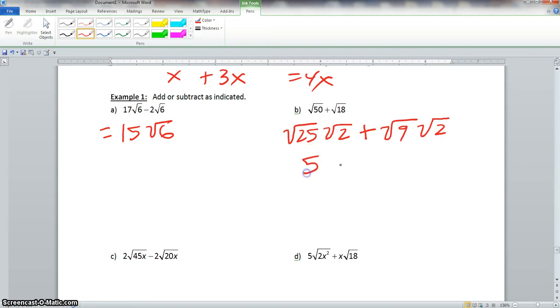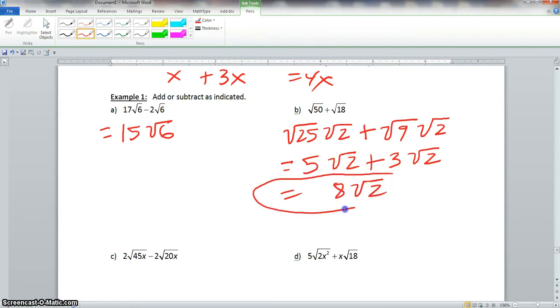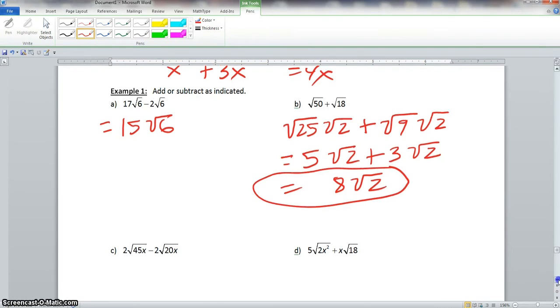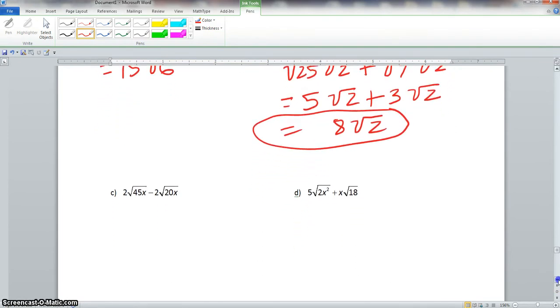The square root of 25 is 5, square root 2, plus the square root of 9 is 3, square root 2. Now we have the same index and the same radicand, so we can add them together. 5 square root 2 plus 3 square root 2 is 8 square root of 2.